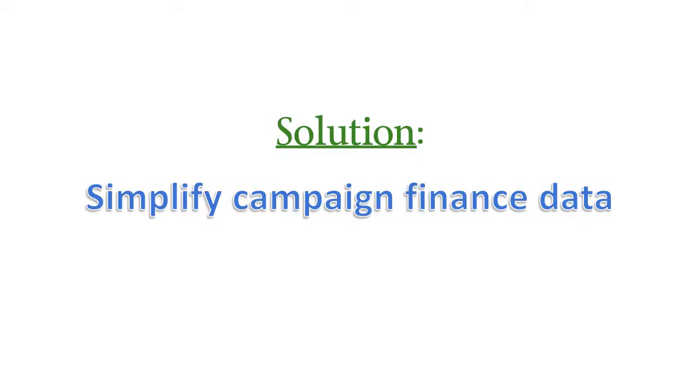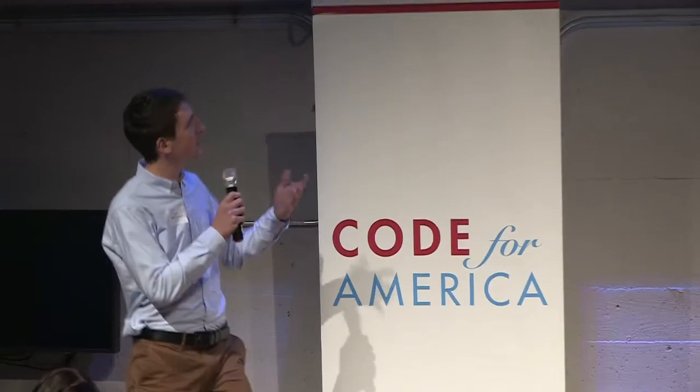Hey, so I'll cover a bit of the technical process. Our main goal is to make the data understandable by the average person who doesn't have a background in campaign finance analysis, as most of us probably don't, including myself before this project.